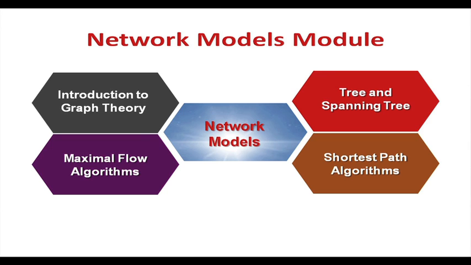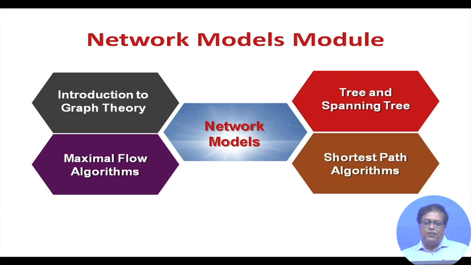The fourth module for our decision modeling course will be the network models, and it will start with an introduction to graph theory, the general concepts of what is a graph and different kinds of graphs, and specifically the tree and the spanning tree concept will be highlighted.